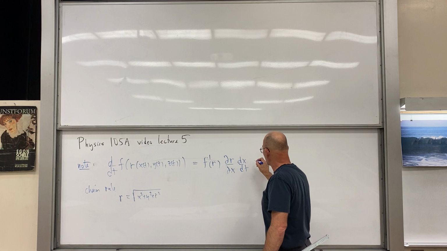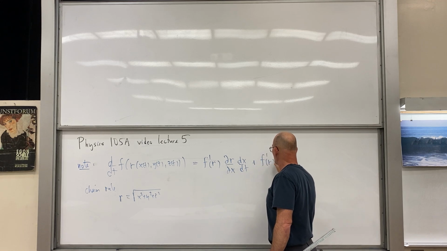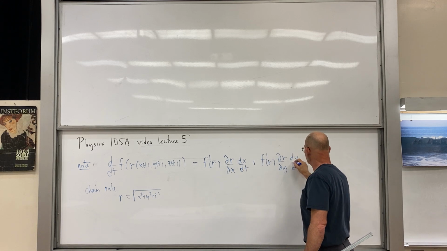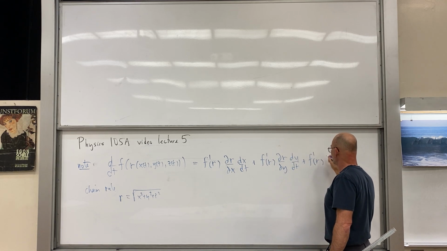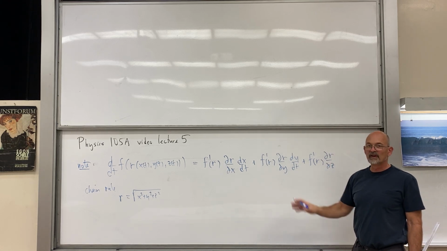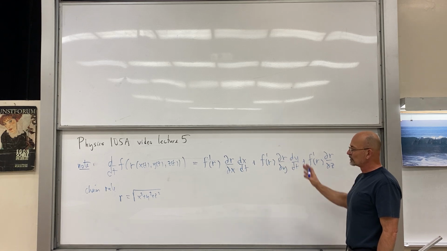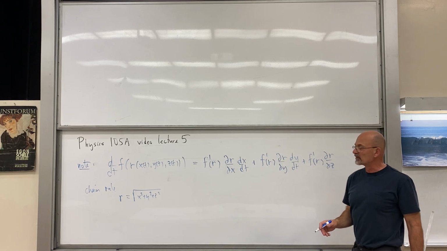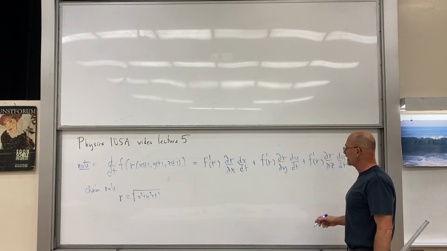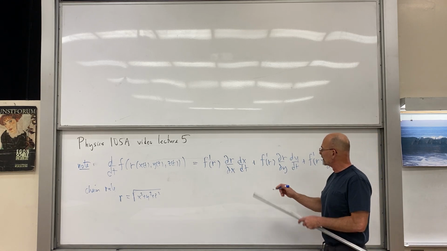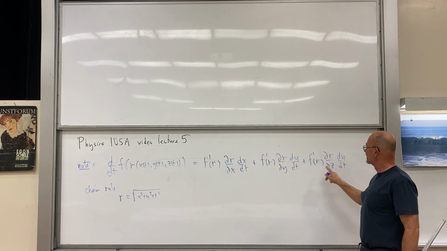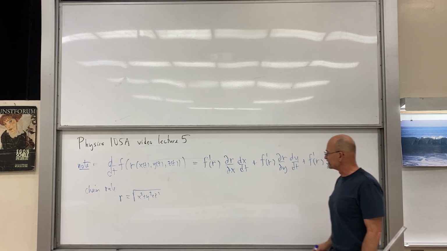Then we'd have f prime of r, dr/dy, dy/dt, and so on. We're going to do a bit more of this later in the semester and next semester. The chain rule and functions of many variables is very important in mechanics. Of course we could also use a summation convention and say we'd have x sub 1, x sub 2, and x sub 3, but we'll leave it explicit like this.